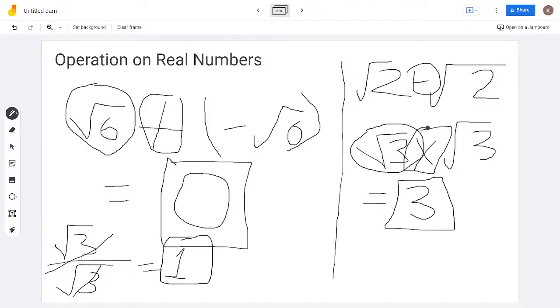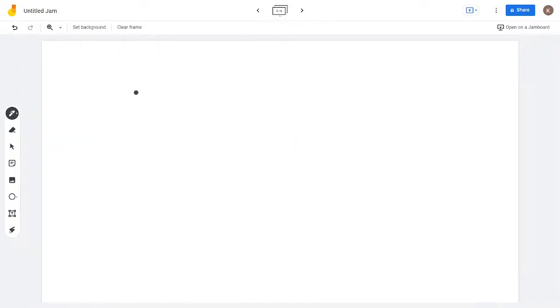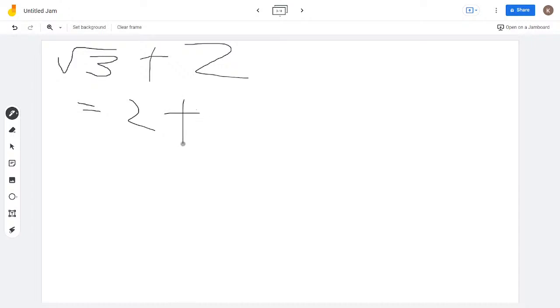Let's look at what happens when we add and multiply a rational number with an irrational number. Let's move to our next page and we will see from here if we add or multiply a rational number with an irrational number, what we will be getting. Let's say we have an irrational number root 3, and we add this irrational number with a rational number 2. Can we add these two numbers? We will get the outcome as 2 plus root 3, right?